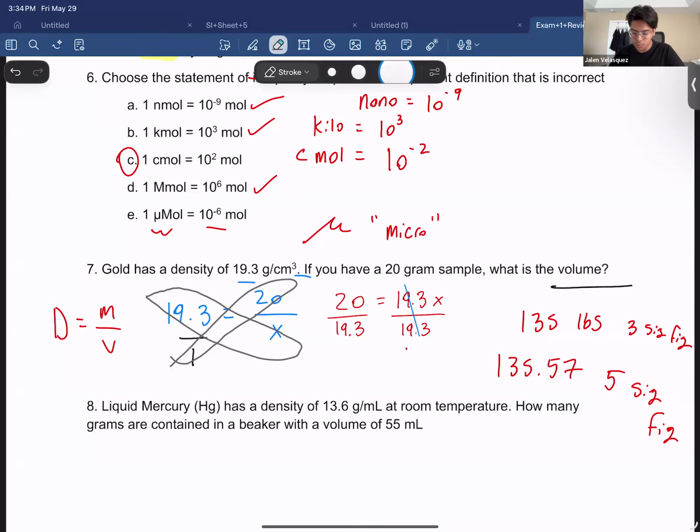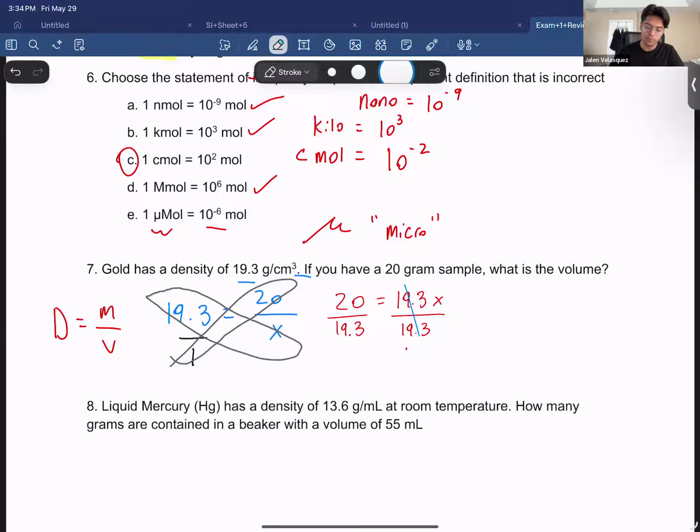Why I bring that up is because when we give answers, we have to adhere to the least amount of sig figs. The density, 19.3, has three sig figs. The mass, 20, has two sig figs.